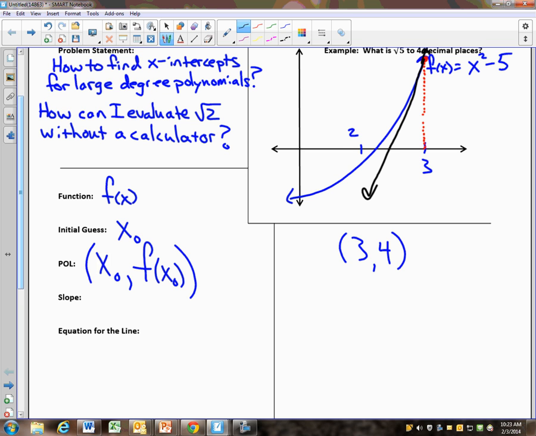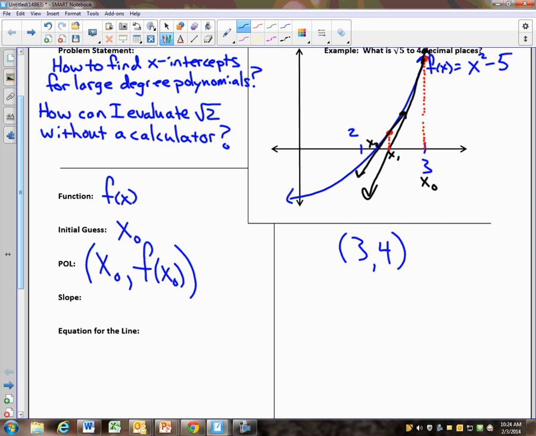And if it's not a good enough approximation, watch what I can do. I could take that value, plug it back in, see what the output is, and do the new tangent line. How do you like that approximation? So you can see my first initial guess of 3, or x sub 0, was not very good.